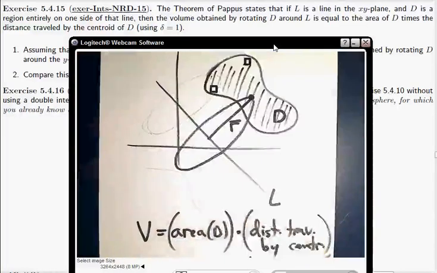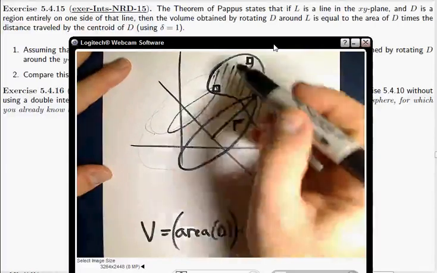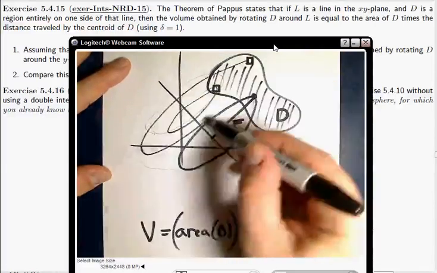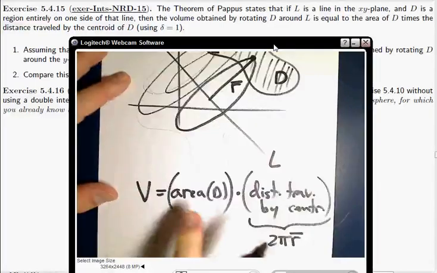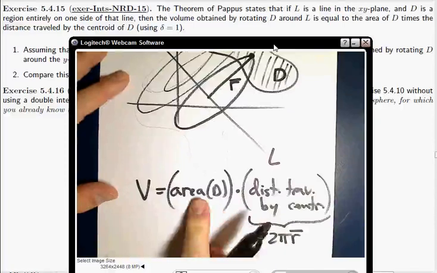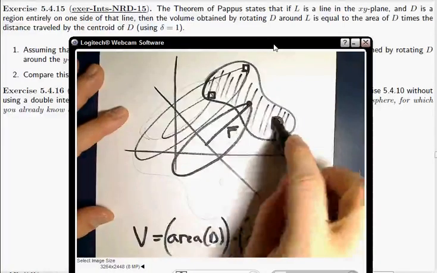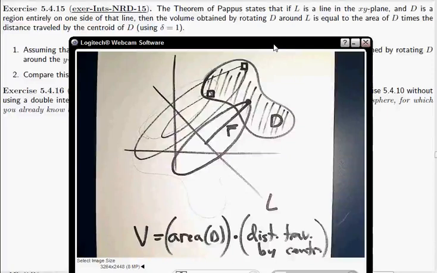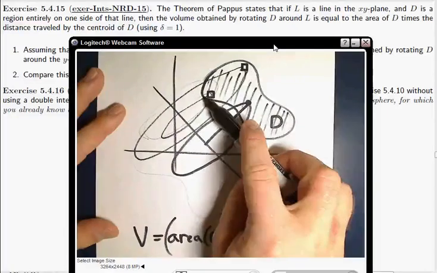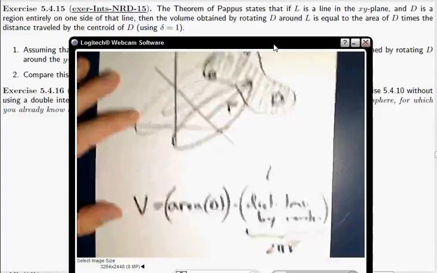This one rotates around that much, while this little piece of area travels a much greater distance. So if you get volume by multiplying area times some distance, what distance? All the points travel different distances. Answer: it's the distance traveled by the centroid. It's kind of a balance, a compromise between the ones that don't travel very far and the ones that travel much further. So that's what the theorem says.